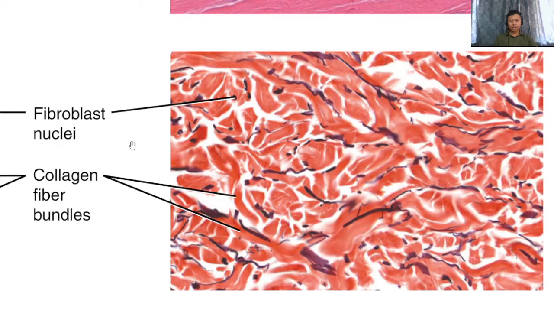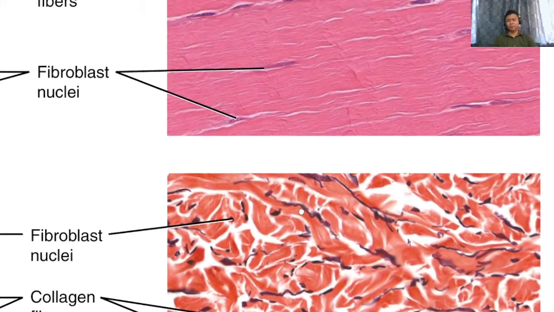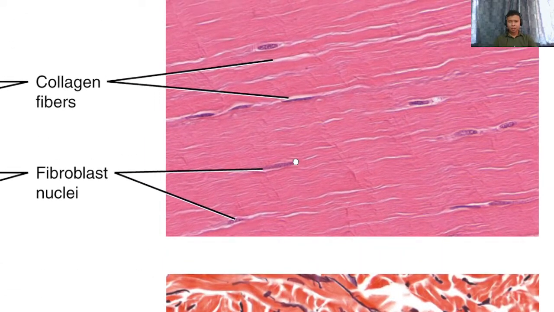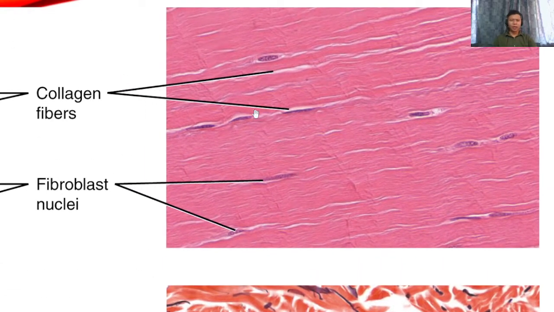We have the collagen fiber bundles, these brown components linking muscles together, linking skin together. We also have the nuclei. The nucleus in a cell dictates what is happening in the cell. As you noticed in our regular connective tissue, the arrangement is in a uniform pattern.